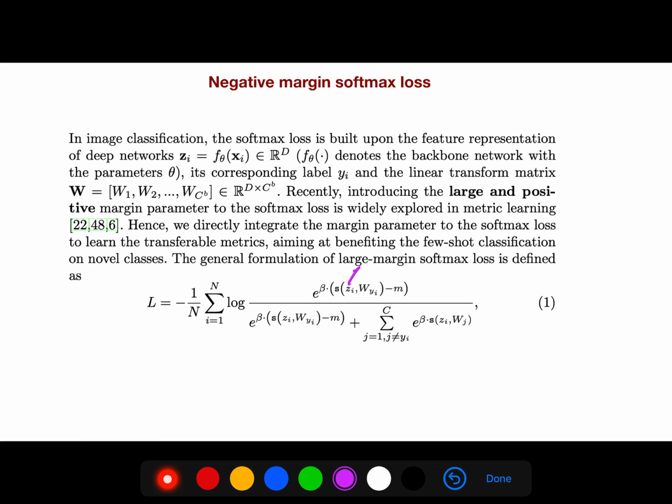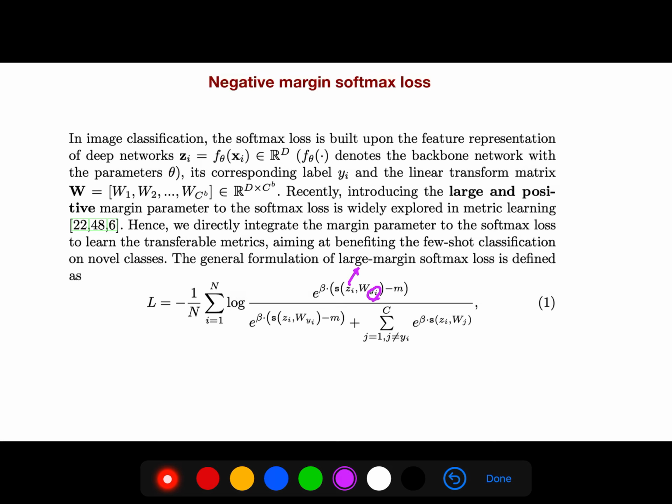Z is just the feature representation from a backbone network with some parameter theta, and its corresponding label is y sub i, and the linear transform matrix W.